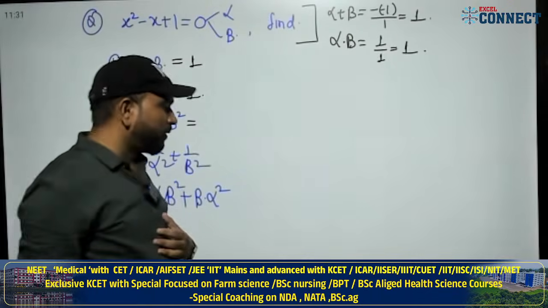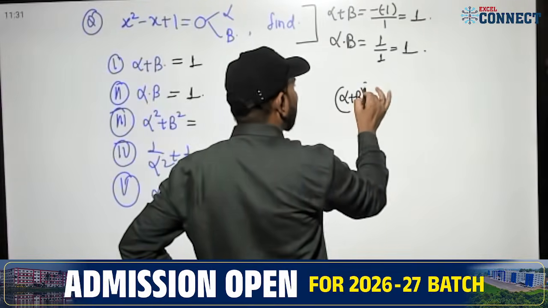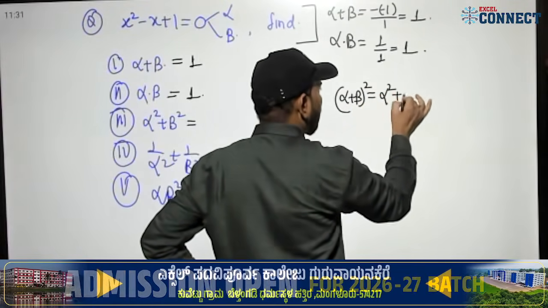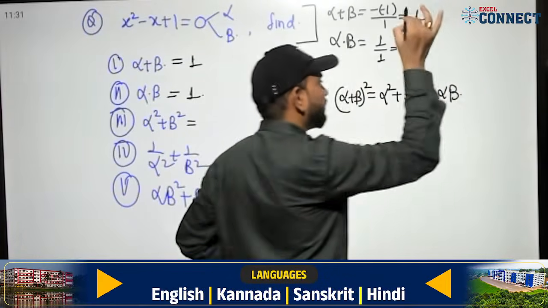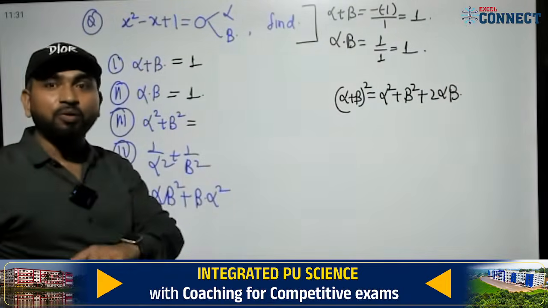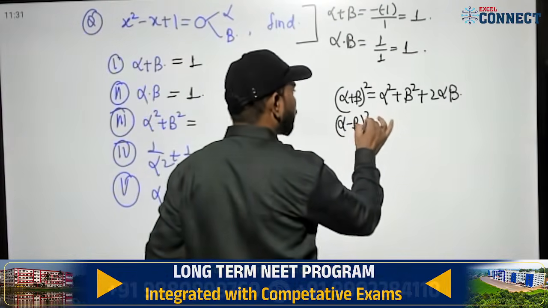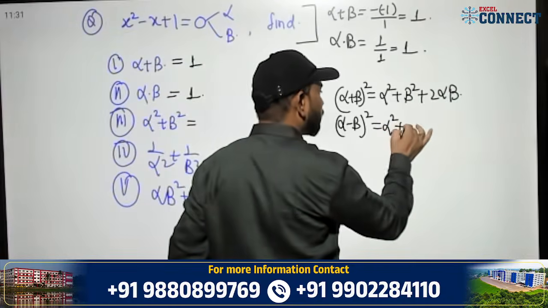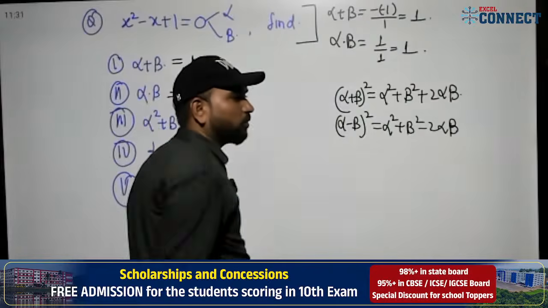Basically, you know one formula. Alpha plus beta whole square is equal to alpha square plus beta square plus 2 alpha beta. Now you know another formula. Alpha minus beta whole square is equal to alpha square plus beta square minus 2 alpha beta. Okay.